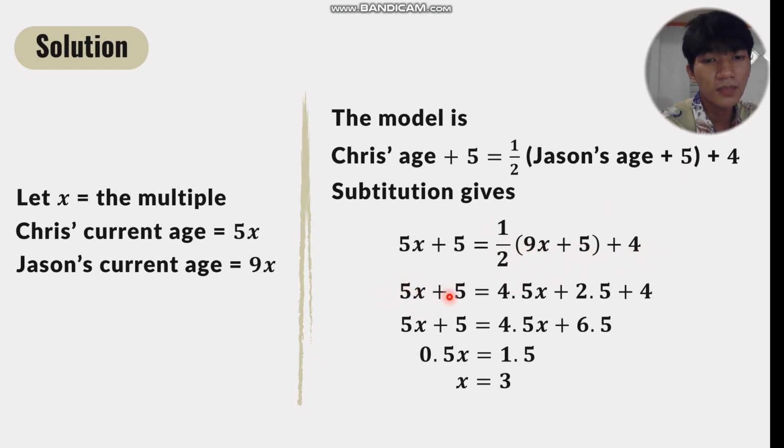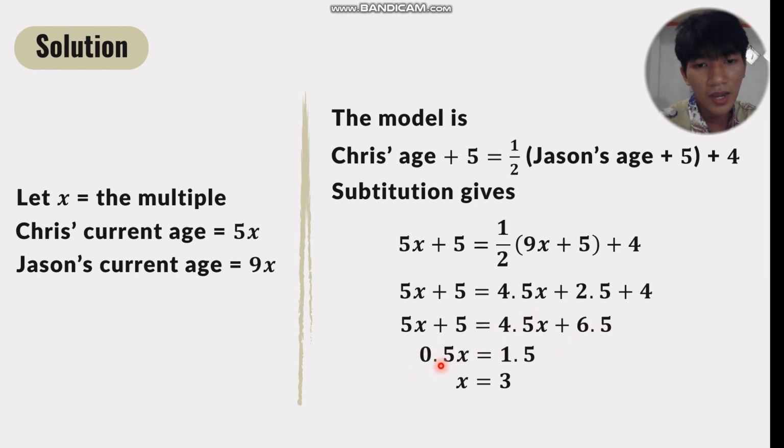So 5x plus 5 equals 4.5x plus 2.5 plus 4. 5x plus 5 equals 4.5x plus 6.5.